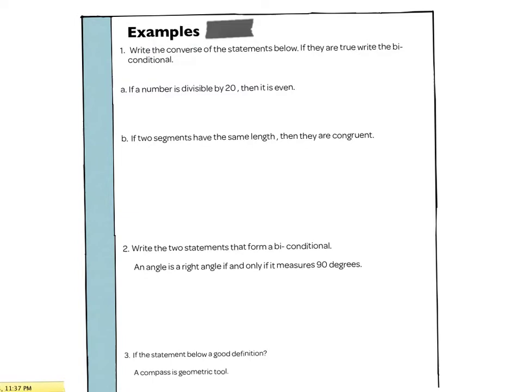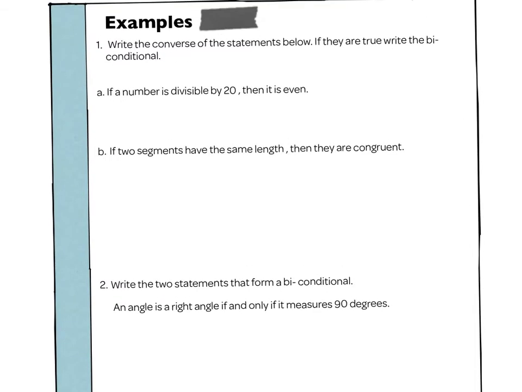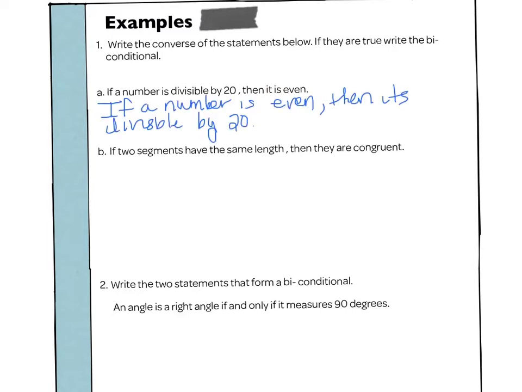So let's look at a couple of examples here. Example number 1 says, write the converse of the statements below. If they are true, write the biconditionals. Look at A. A says, if a number is divisible by 20, then it's even. The converse is, if a number is even, then it's divisible by 20. Well, let's see if we can find a counterexample to that first, because I think this statement is actually false.